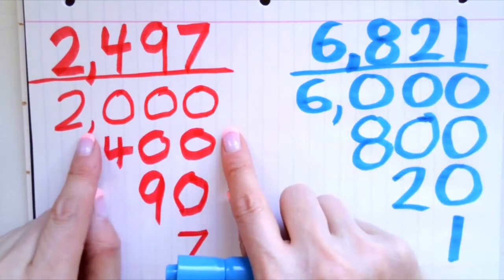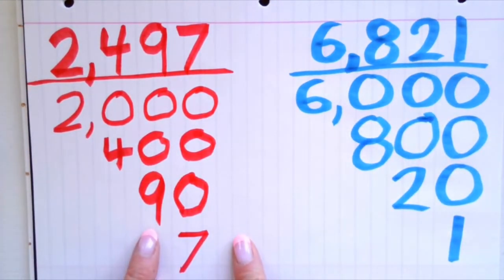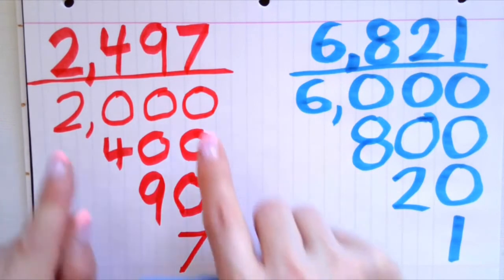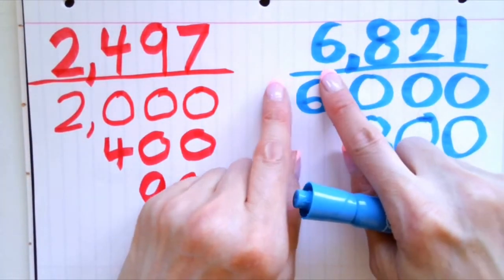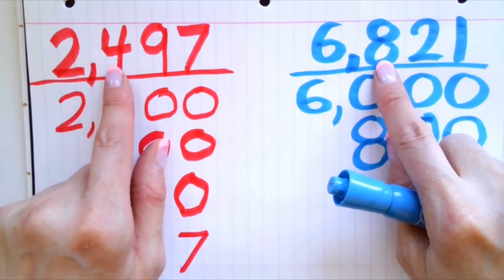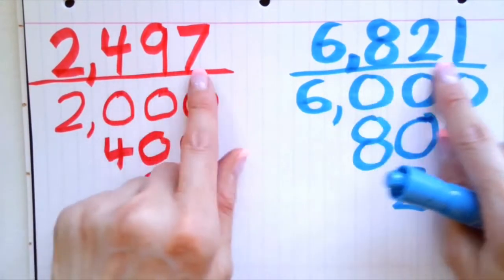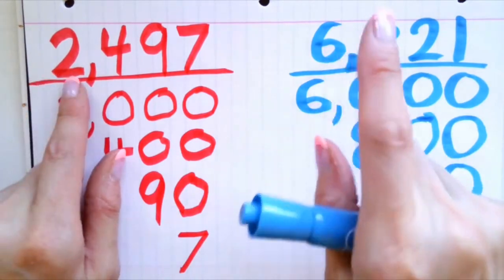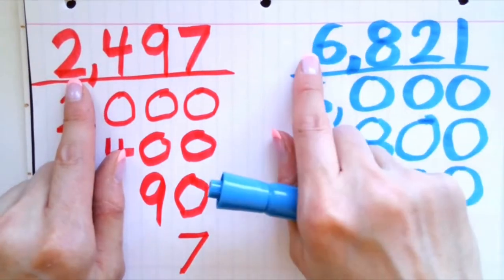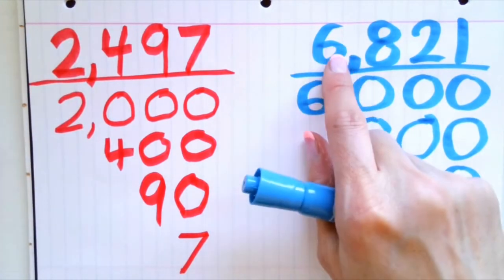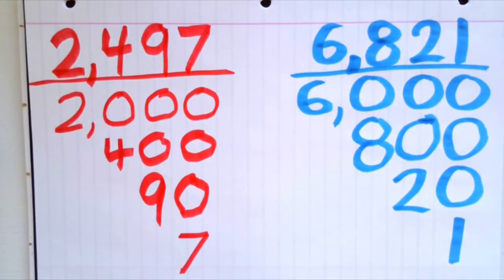In fact, it's not even as big as 3,000, is it? It needs more to be 3,000, so it's definitely less than 6,000. So it doesn't matter what is in the other place values if this biggest place value is bigger for this number. This number is the bigger one. Let's write our symbol to show which one is bigger.